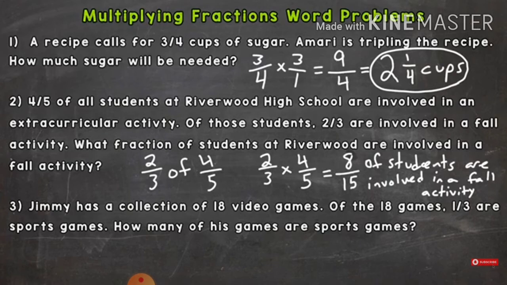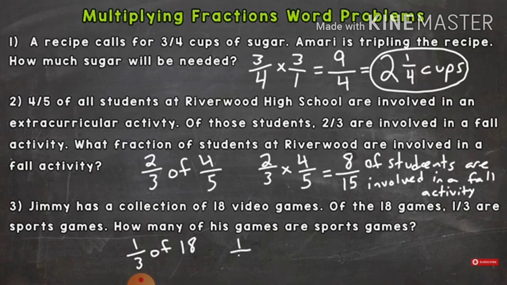Well, much like number 2, we're taking a fraction of something. We're taking 1/3 of his 18 video games are sports games. So again, we can replace that of with a multiplication sign and just multiply straight across, and it will give us our answer.